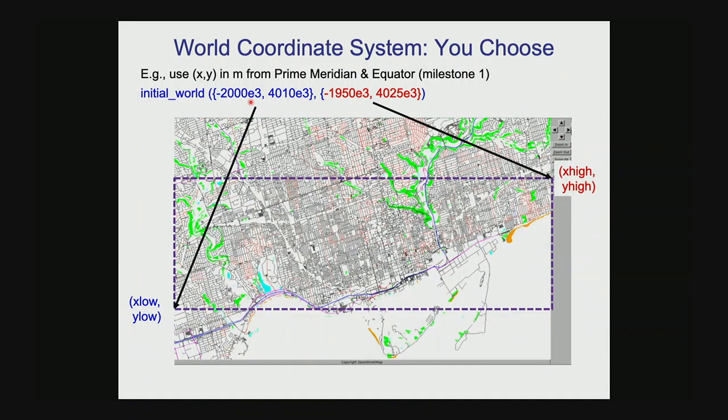Sometimes you specify initial world coordinates that you think make sense for your city, because these are the maximum and minimum points, for example, in my city, but it doesn't maintain the aspect ratio of the screen. And ECE297 is smart enough to detect this, and it will try to add a little bit to the coordinate system that you provided so that your image doesn't look distorted.